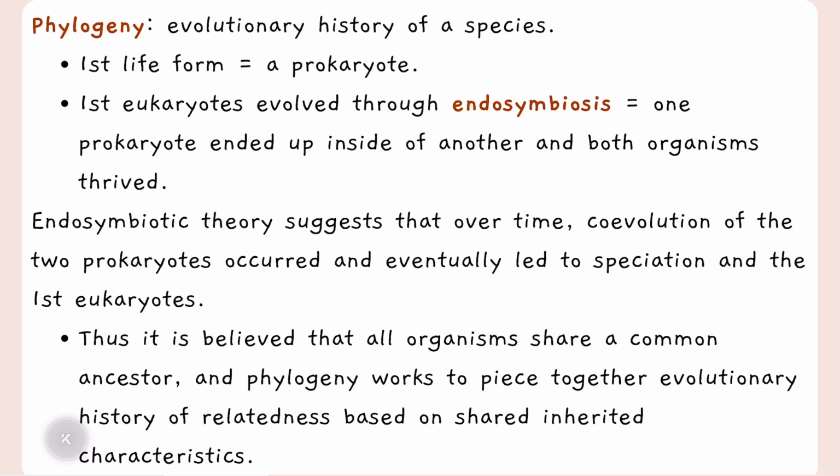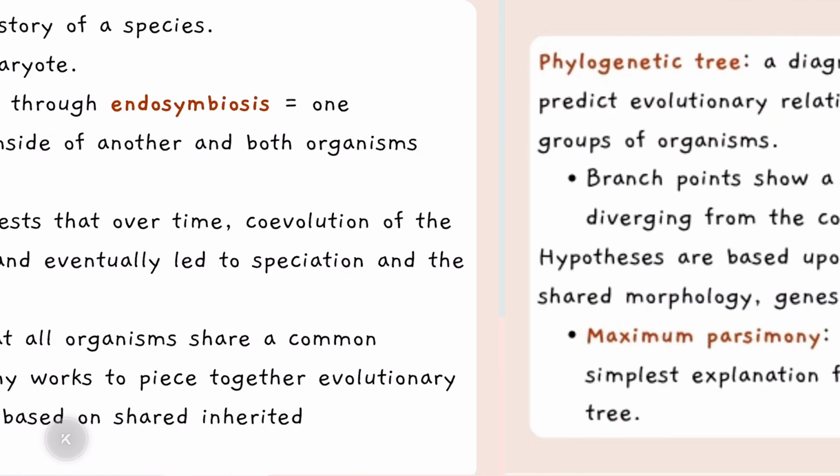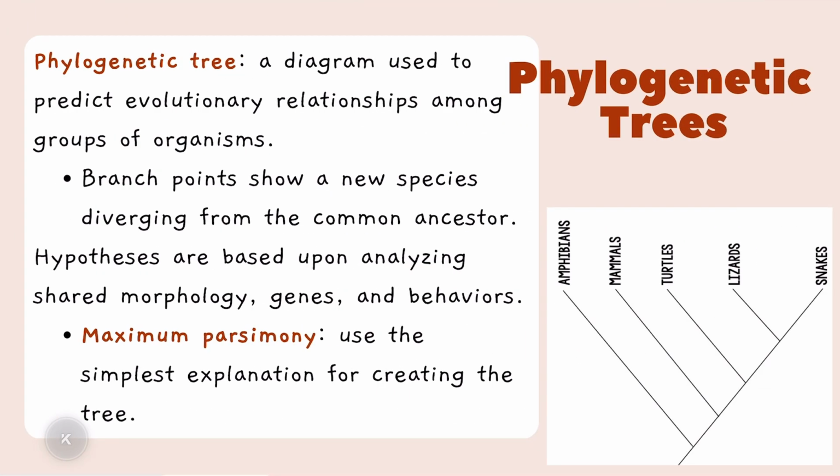So this is the common ancestor for all eukaryotes, and then phylogeny works to piece together the evolutionary history of relatedness between everybody else via shared characteristics. We can map these and see these visually using a phylogenetic tree.